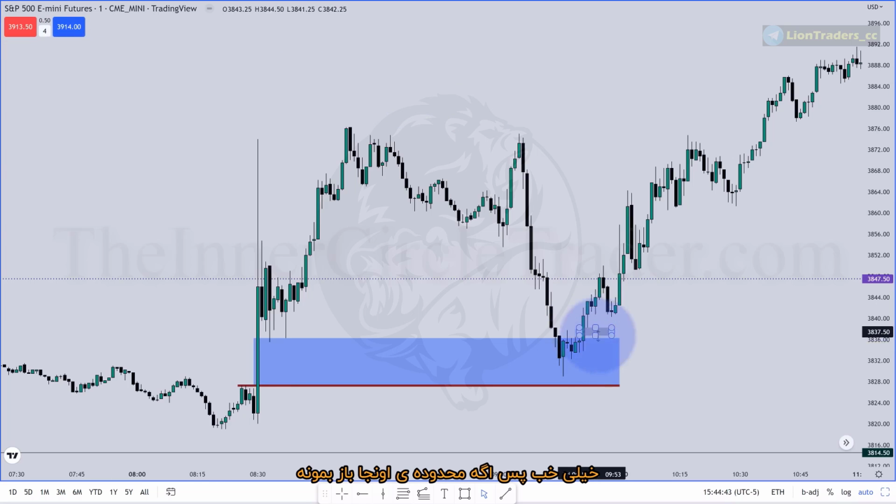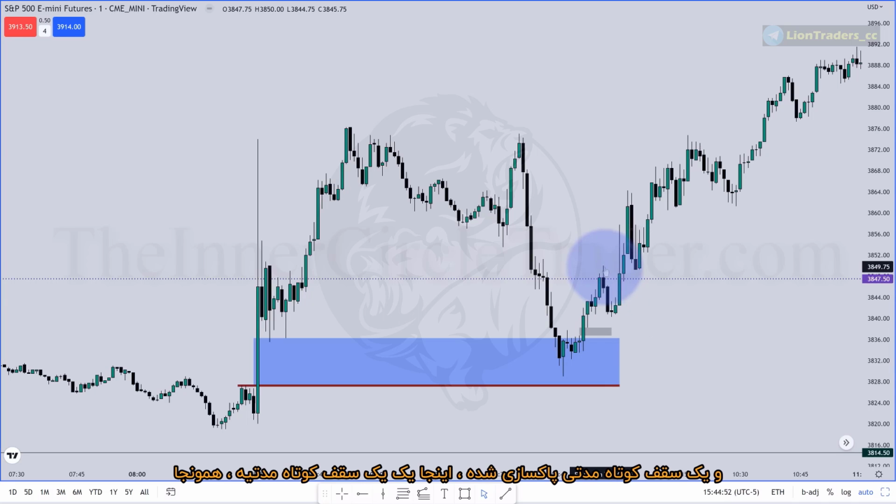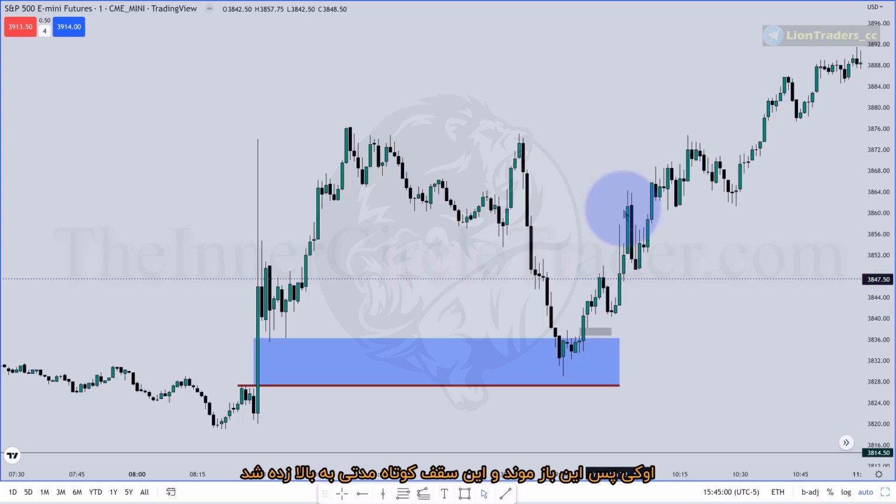All right, so if that area there stays open, in other words, the price doesn't go down into it, and a short-term high is taken out. Here's a short-term high right there. Okay, so this stayed open, and this short-term high was taken out to the upside. There's a small little gap right in here. Notice where all of this is occurring. See this dotted line here?